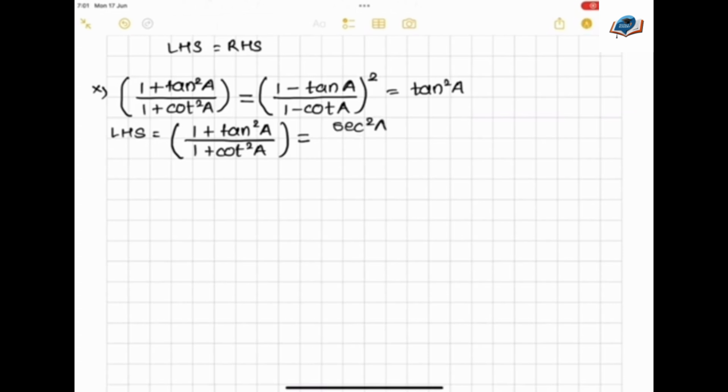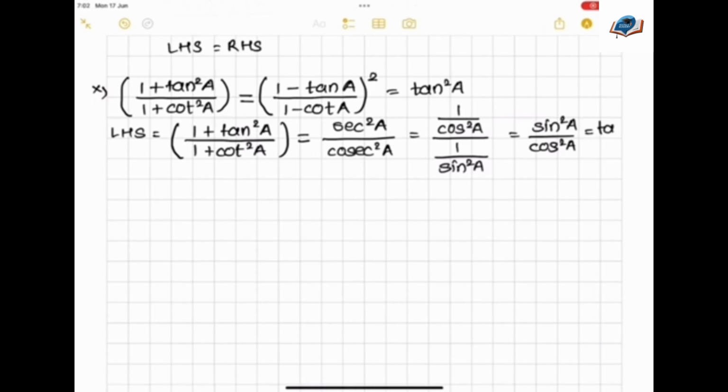Now 1 plus tan square A will be sec square A upon cosec square A. So sec square means 1 upon cos square and cosec square means 1 upon sin square. So that will be sin square A upon cos square A. So that is tan square A. So the first one I proved it is equal to tan square A.